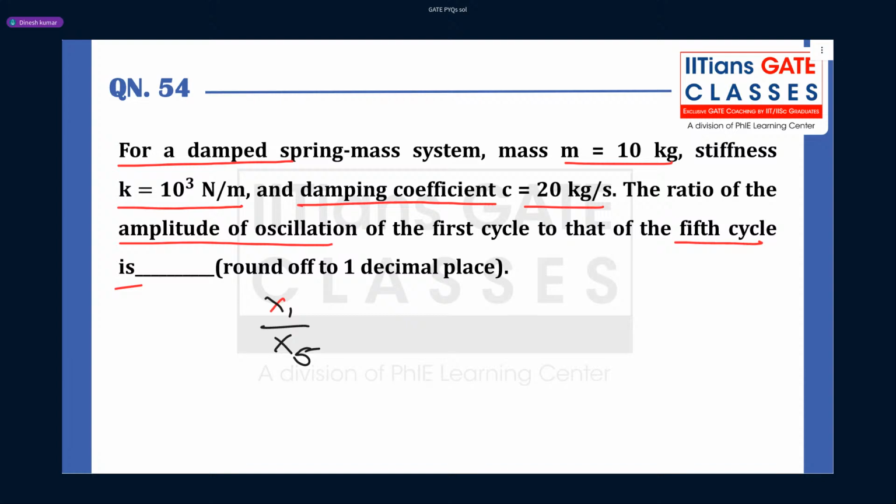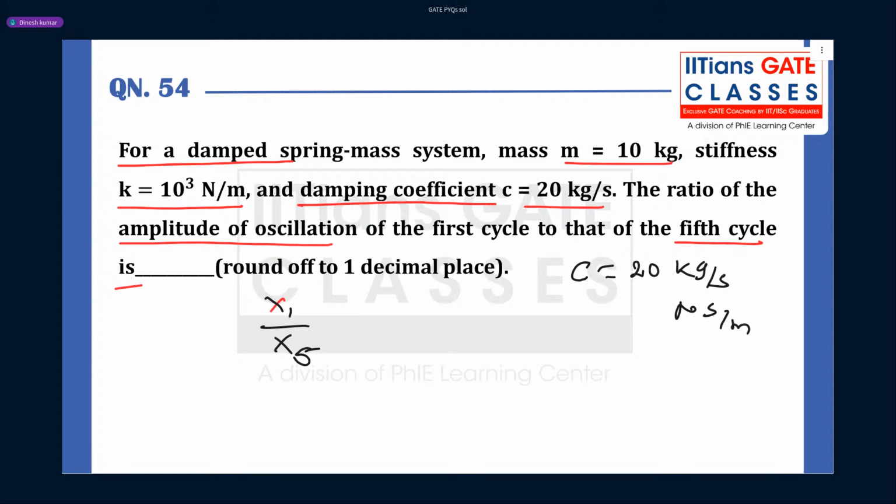But before that, in this problem they gave c as 20 kg per second. Now guys, first just verify. We know the unit of c is Newton second per meter. Now check it.